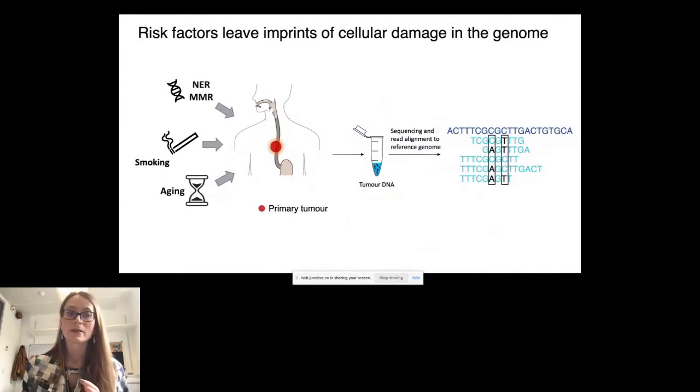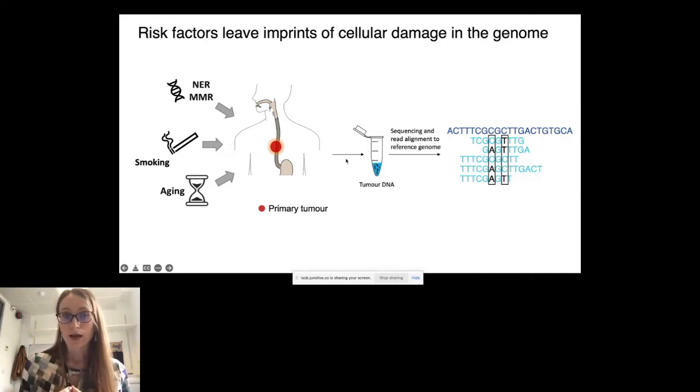There's a variety of environmental as well as intrinsic factors that we are exposed to throughout our lifetimes. There's aging, for instance, that can lead to mutations in our cells. But there are also environmental processes and risk factors such as smoking or alcohol, and they all damage the DNA of the cells in different ways.